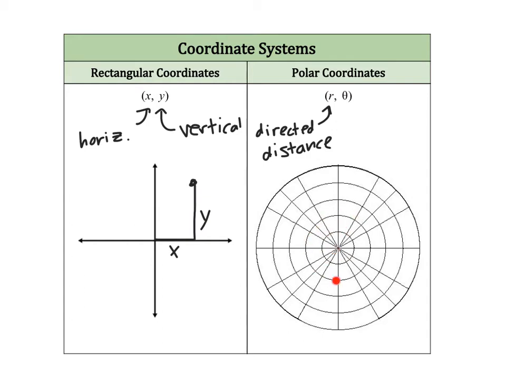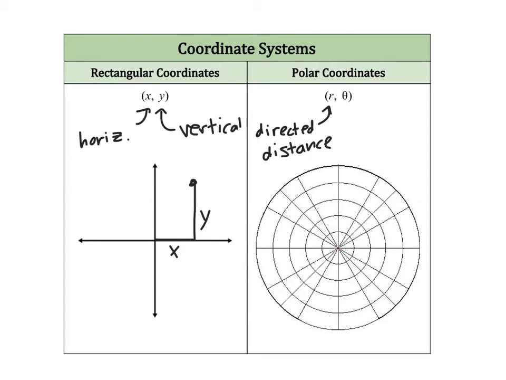All of these circles around this axis are your units for R. So if you want to move 1, 2, 3, 4, 5 units away, you can use those circles to help you gauge that distance. So instead of vertical and horizontal tick marks, now we have circular units. And this is how we can plot our R value.